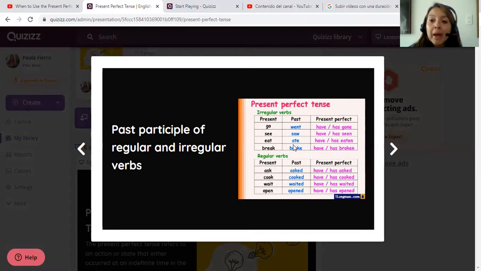Or probably by now, after many years in primary, they have learned this before, but maybe you can refresh that information or remind them that there are some irregular verbs and how to change these verbs into the present perfect form, the same as regular verbs.